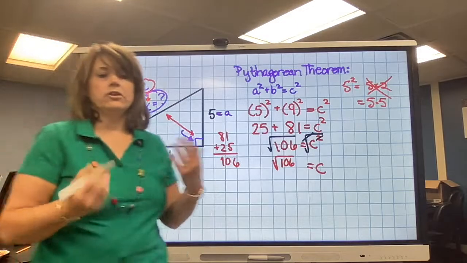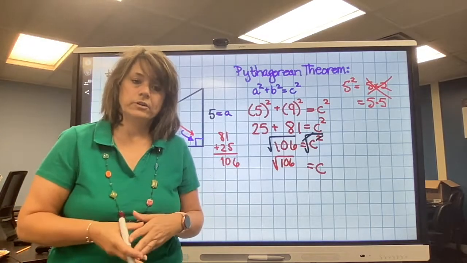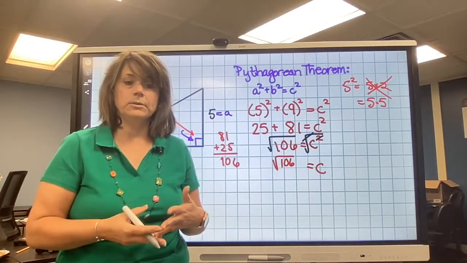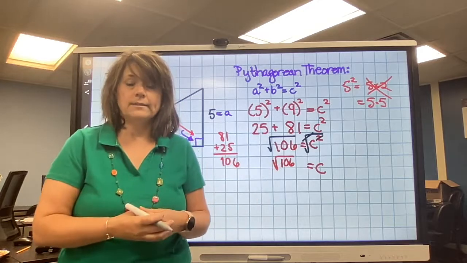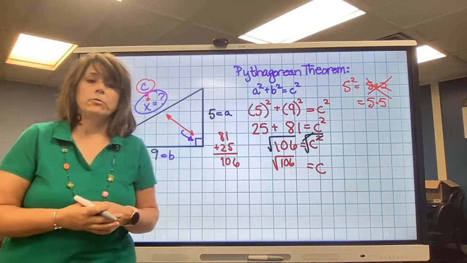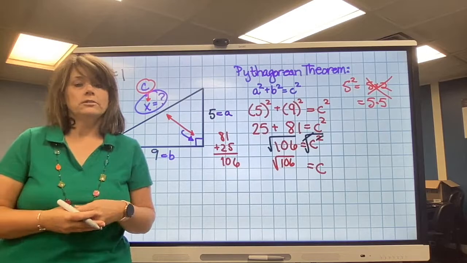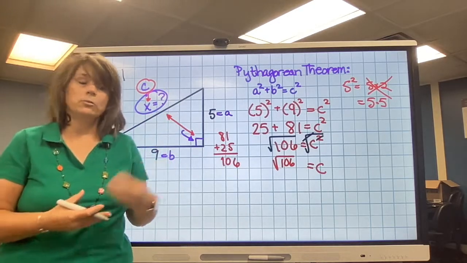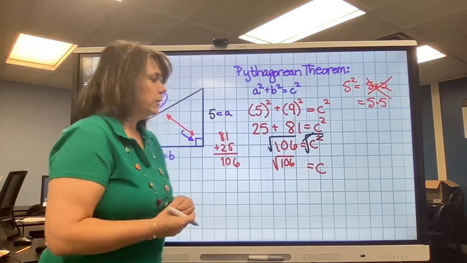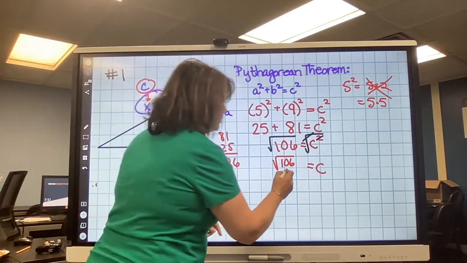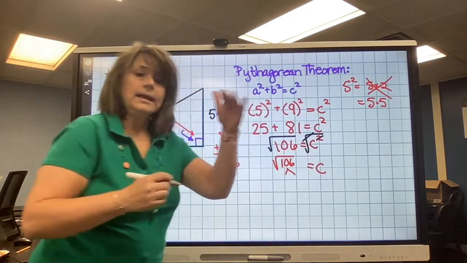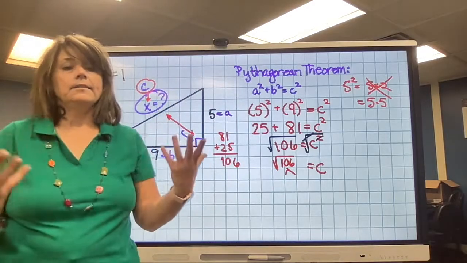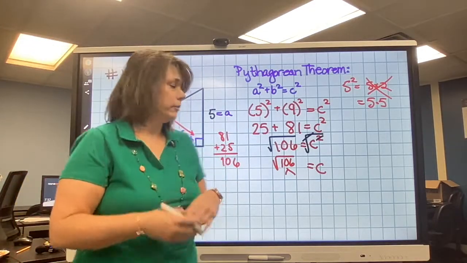So we can either use our calculator and take the square root of 106 and find out what that decimal value is, if they allow us to do that. Sometimes when we're looking for a result, they want us to keep it in the form of a radical or a square root. So if we were to do that, what we would do is we would take 106 and keep reducing down until we can get it simplified no further.